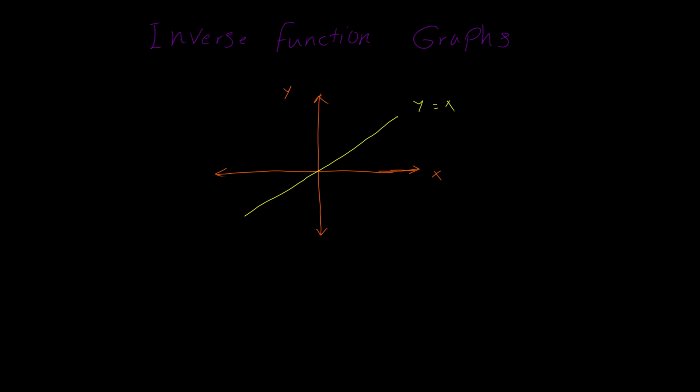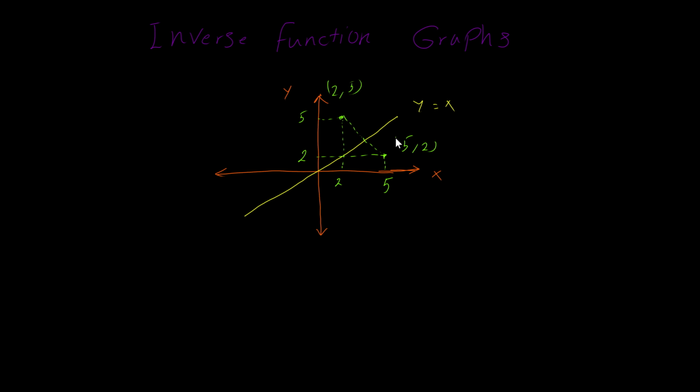So what it means is that, let's say we have the point 2 and 5. So that is 5 and that is 2. So our point is 2 and 5. In order to get the inverse of that point, we go perpendicular to the line, extend it the same amount, and that new point will be the inverse of that, which is going to be 5 and 2.